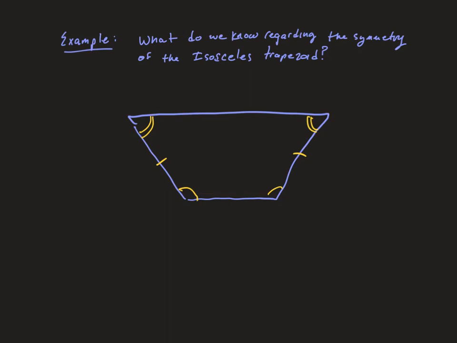Well, for rotational symmetry, it can be rotated all the way around with an order of rotation of 1, because anything can be rotated 360 degrees. But the only other thing we can get here is a line of symmetry, or line of reflection.